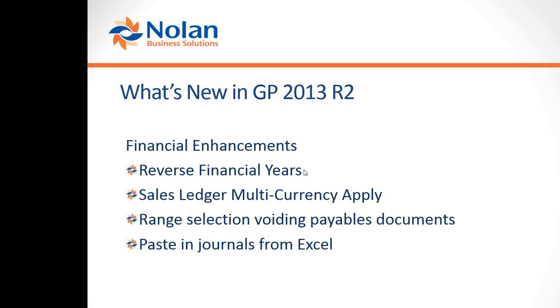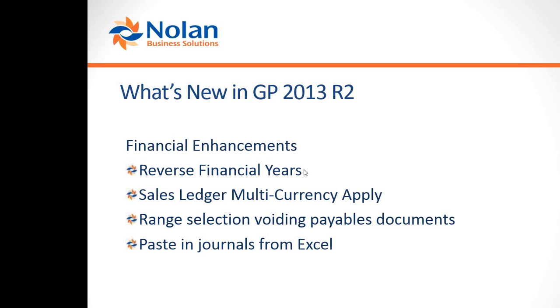Sales ledger multi-currency apply. Again, in previous versions of GP, if you were doing multi-currency applies, you were unable to apply a multi-currency payment to an invoice unless it had been previously posted. That's now available. You don't need to post the transaction beforehand. Range selection on void payables documents. It was always a bugbear of mine that I had to scroll down a big long list of payables documents if I wanted to void one.